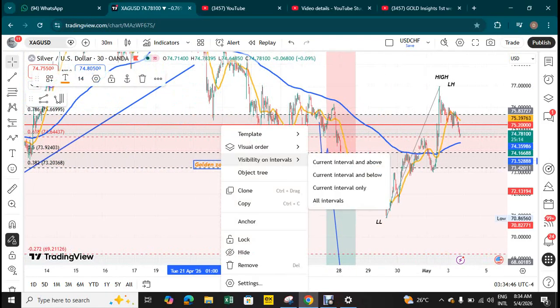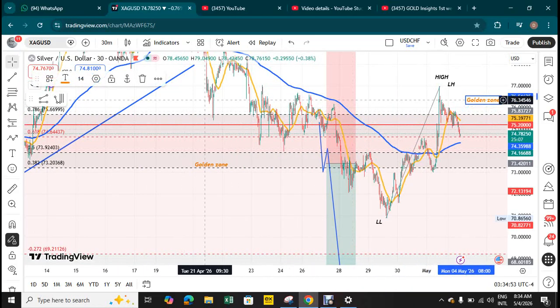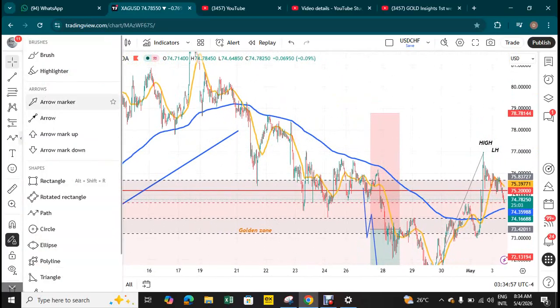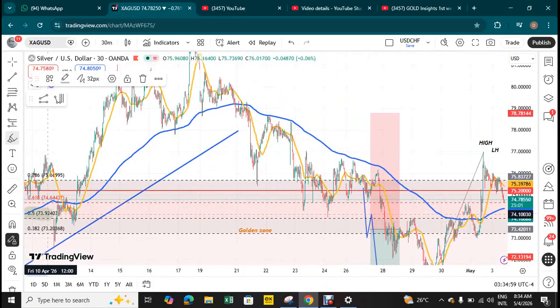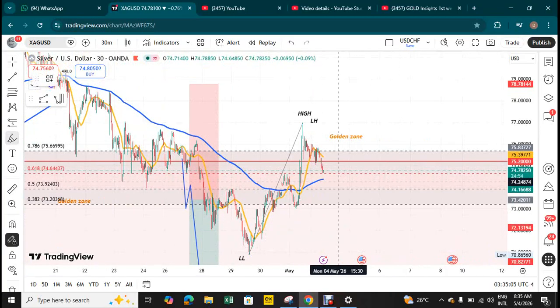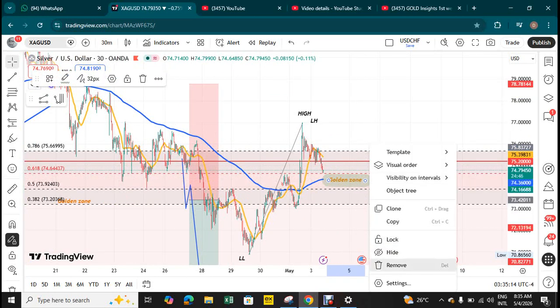Our golden zone is where we have the 0.618 area and the 0.5, which is this area. This is where our golden zone is, just as we did on gold. So now we'll take our golden zone into that area. That is where our golden zone is supposed to be. So we remove this.